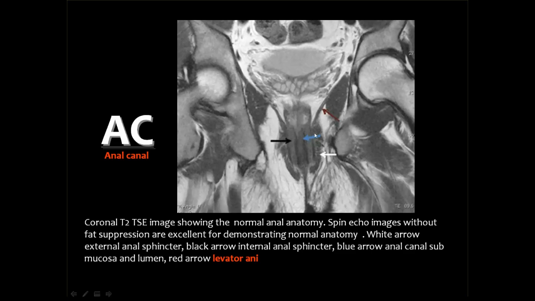The external part is the external anal sphincter, which is continuous with the puborectalis, then continuous with the levator ani, while the inner aspect represents the anal canal and is surrounded by the internal anal sphincter, which is usually hyperintense in the T2 weighted image, relatively hyperintense to the external sphincter, and there is a very fine fat plane that separates the internal sphincter from the external sphincter.